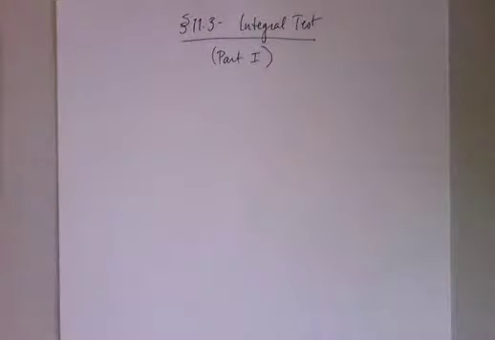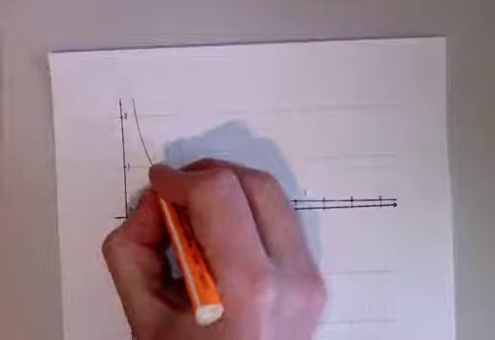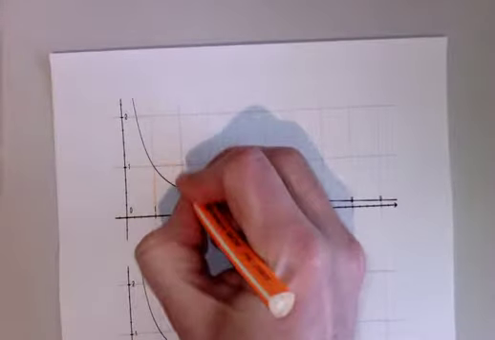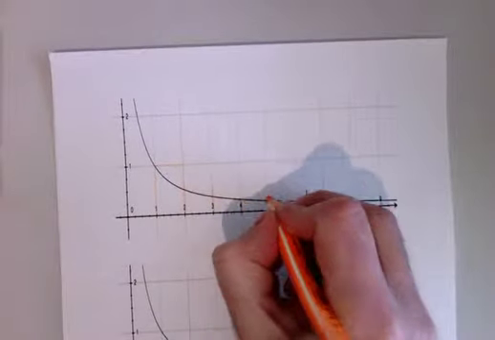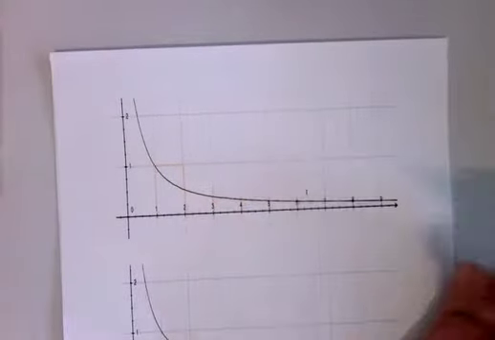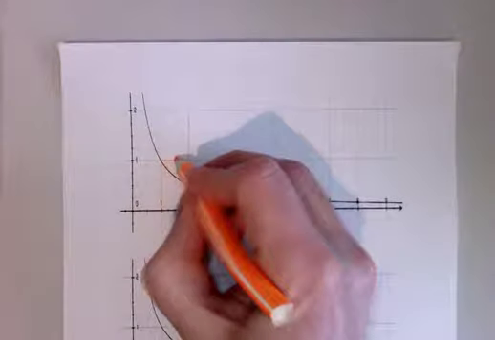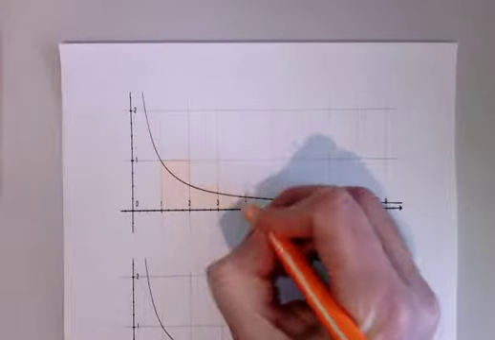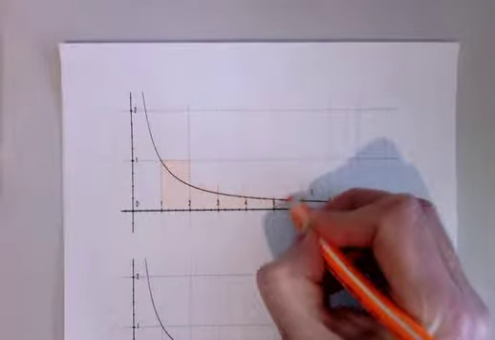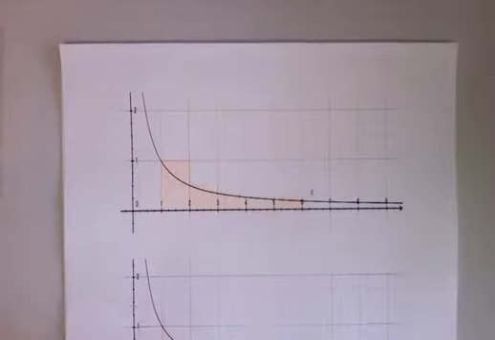Well, here's the thing. Let's go ahead and redraw that, okay? And let's relate that. We know that this was the left-hand Riemann sum. What is the relationship between the left-hand Riemann sum of this series and the right-hand Riemann sum starting at 0?